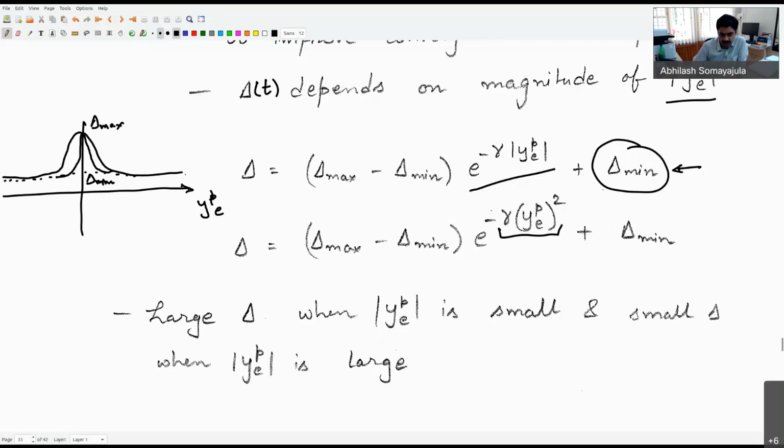Okay. The idea here is that when y_pe is small, we are choosing a large value of delta, which means that if this is my path and I'm close by, I'm taking a large look ahead distance.